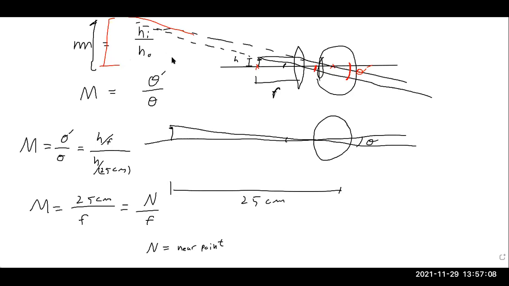so this is the eye. If you strain the eye and try and look at something close, you actually can get a bigger angle.